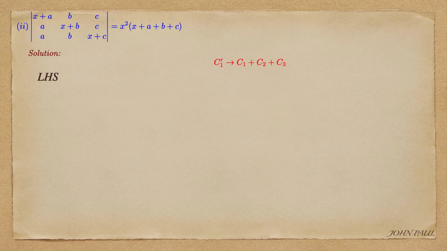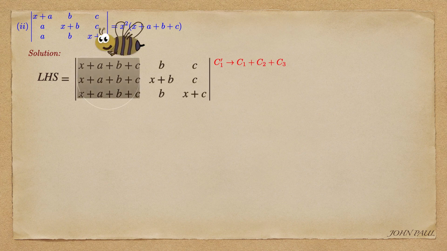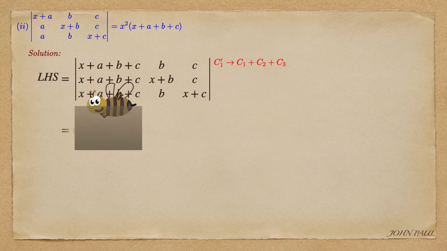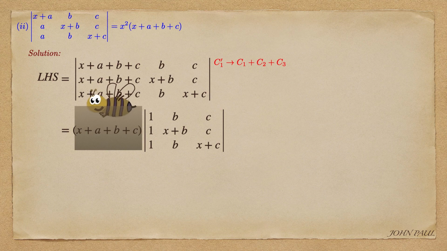Here we'll take column 1 plus column 2 plus column 3. Now by adding this, we get x plus a plus b plus c as a common term. We take this common term outside the determinant. Now by taking it outside, we get 1, 1, 1.